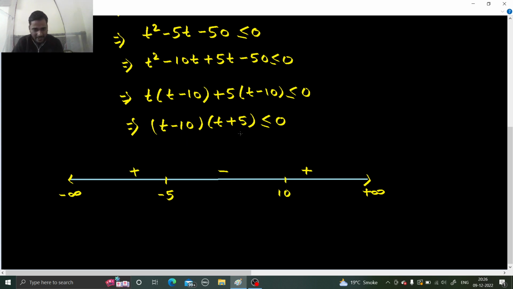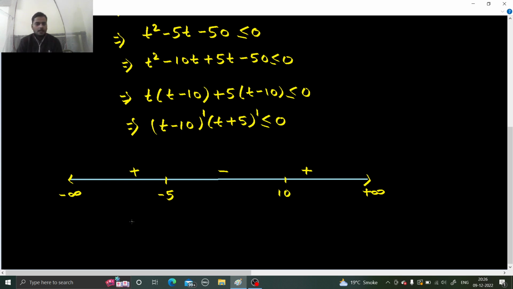When you are crossing 10, the bracket to which this belongs has the power 1, and whenever the power is odd we change the sign, so plus became minus. When you are crossing -5, which belongs to the t plus 5 bracket whose power is 1, which is odd, again you have to change sign, so plus.